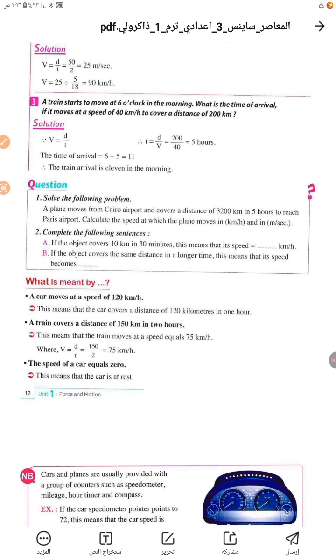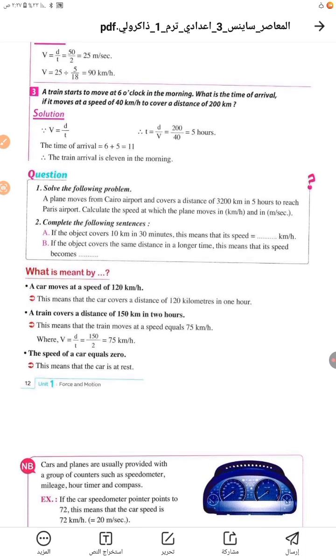I write the law as usual: velocity equals distance over time, so time equals distance over velocity. That is 200 over 40 equals 5 hours. The time of arrival equals 6 plus 5 equals 11. The train arrives at 11 in the morning. An easy and important problem.